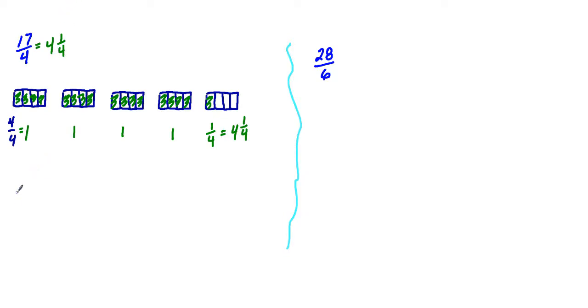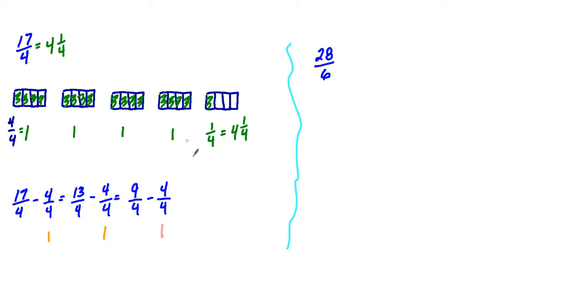Let's check with our subtraction. So 17/4 minus 4/4, there's my first 1 whole, equals 17 minus 4 is 13. So I've got 13/4. That's enough to take away another 4/4. There's another whole. 13 take away 4 is 9/4. I can take away another whole.